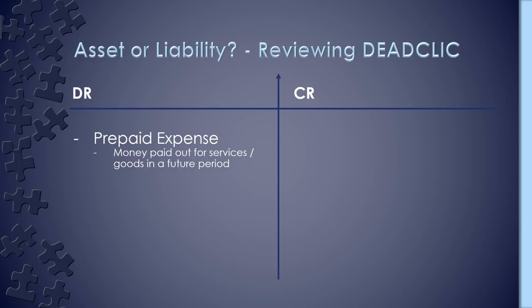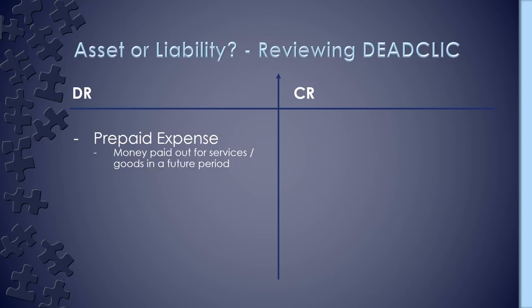Now, that prepaid expense is not relevant to certain periods of the year. So, for example, you might have paid out for your rent, like we were talking about before, but that only covers, say, January to March. And at the end of December, if your financial year ends at December, you may have paid out that money, but that isn't an expense for December. That's an expense to spread across January, February, March.